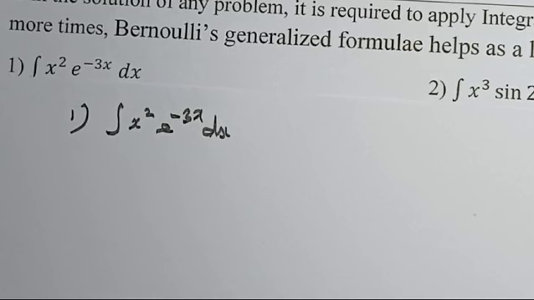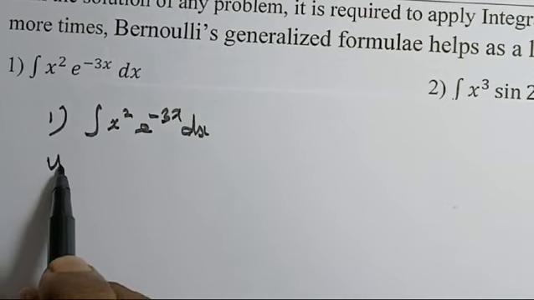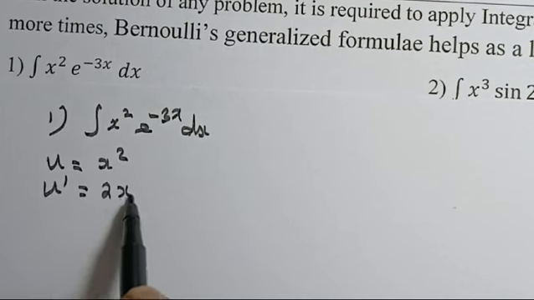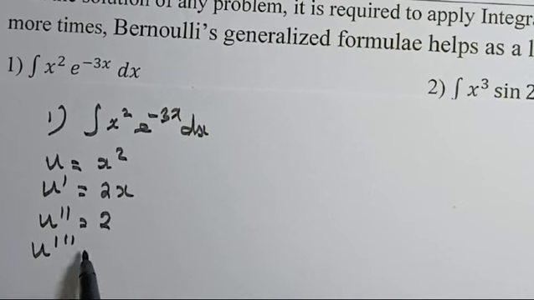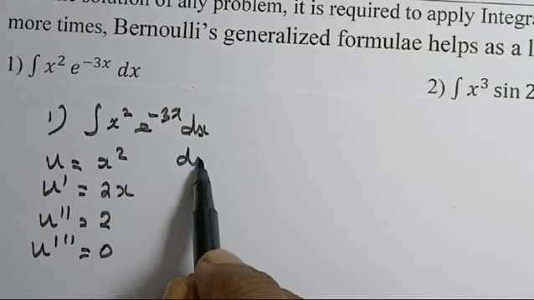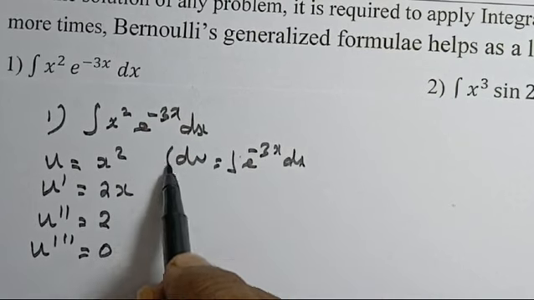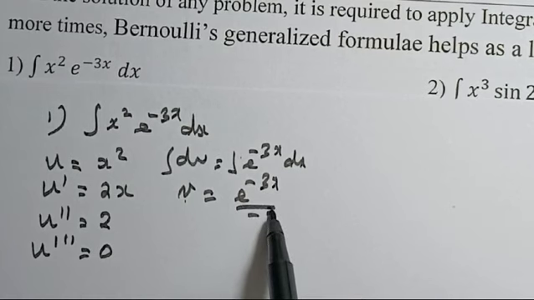Problem number 1: integral x squared e power minus 3x dx. Here you take u as x squared, then u dash is 2x, u double dash is 2, and u triple dash is 0. Now dv equal to e power minus 3x dx, that is integral dv, that is v equal to e power minus 3x by minus 3.